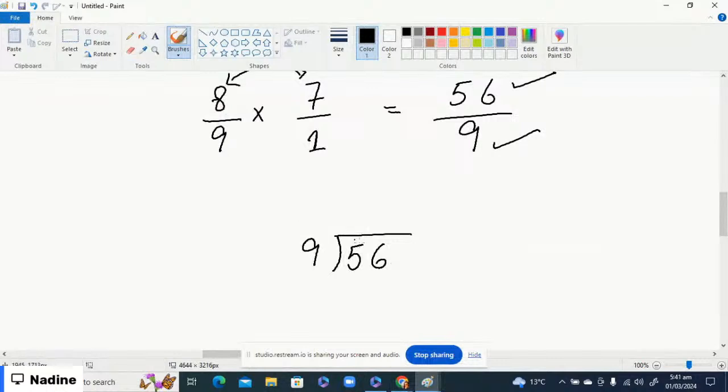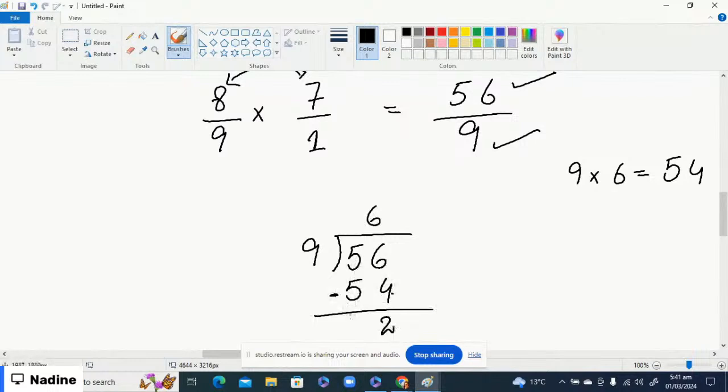So the number closer to 56: 9 times 6 is 54. So we put 9 times 6, 54. How much is left? 56 minus 54 is 2.